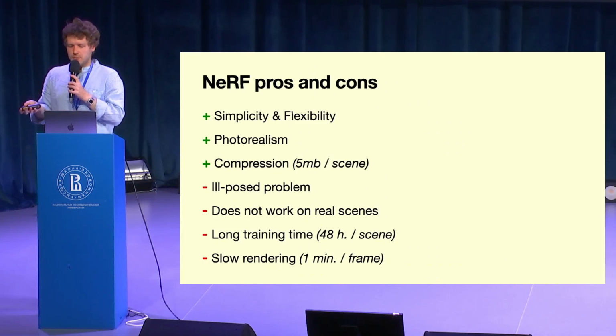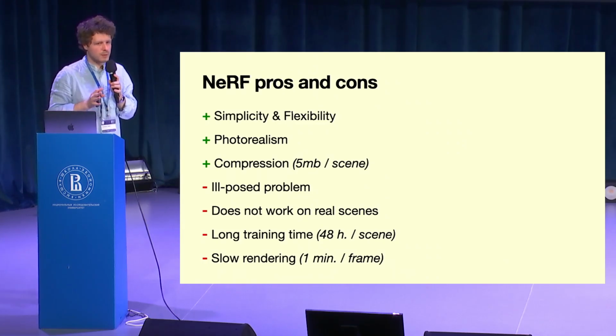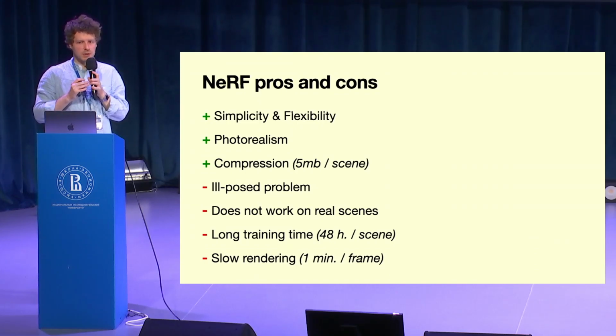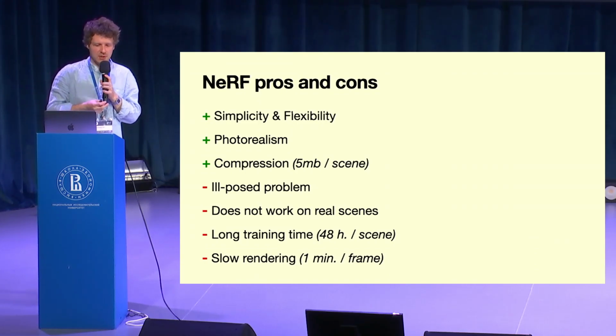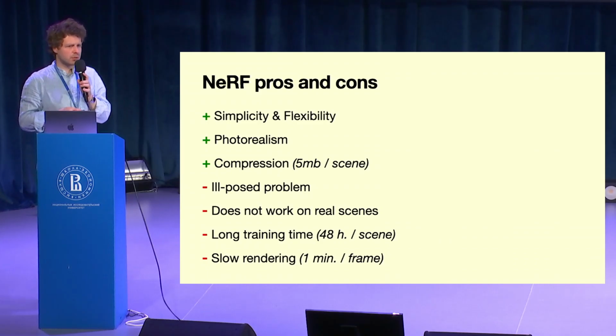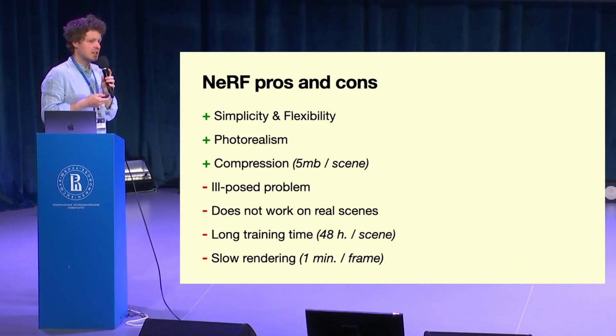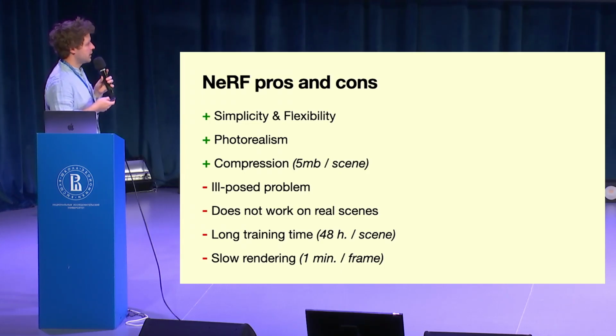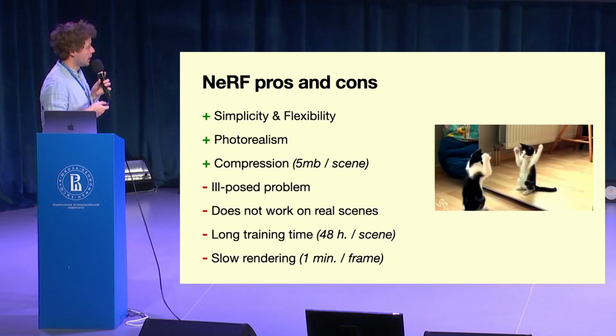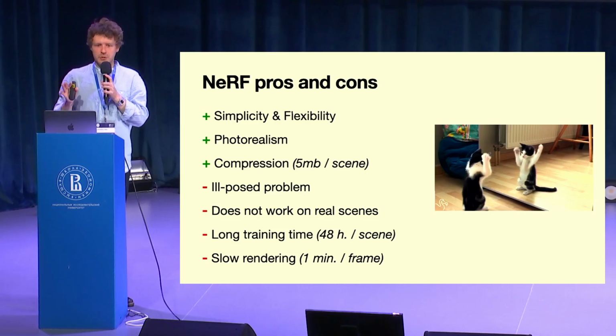But aside from these advantages, there are several disadvantages that people have tried to fix in the past years. So first of all, the problem we were trying to solve, novel view synthesis, is essentially ill-posed. Here's an illustration of a cat which is standing in front of a mirror.